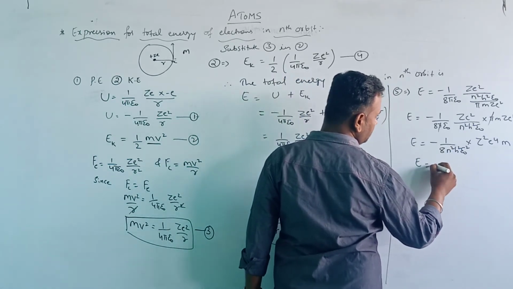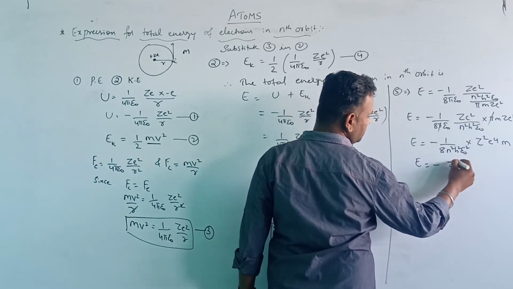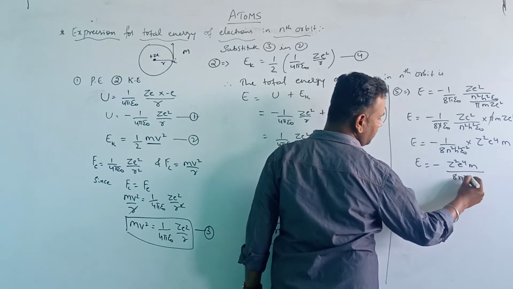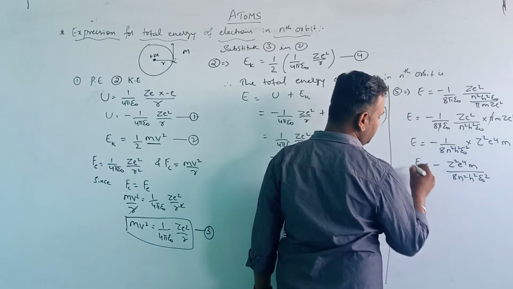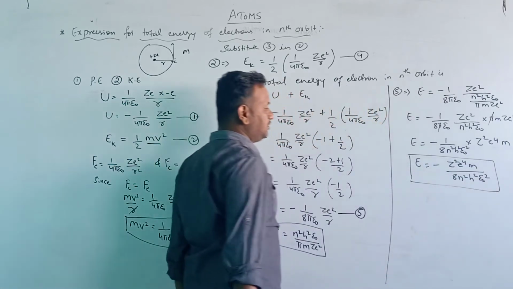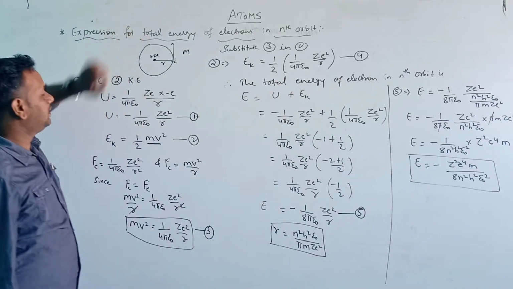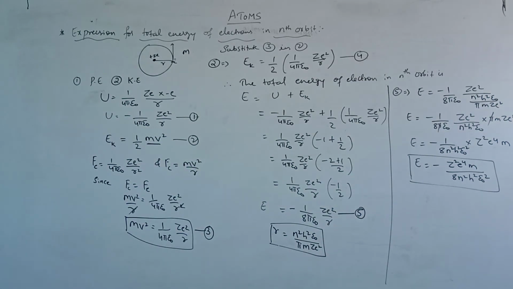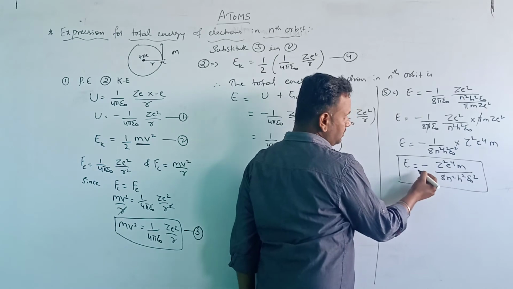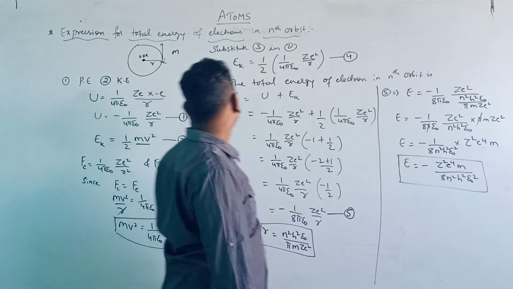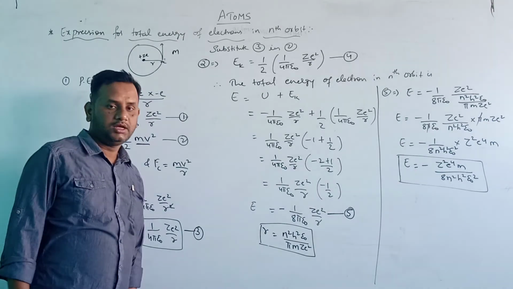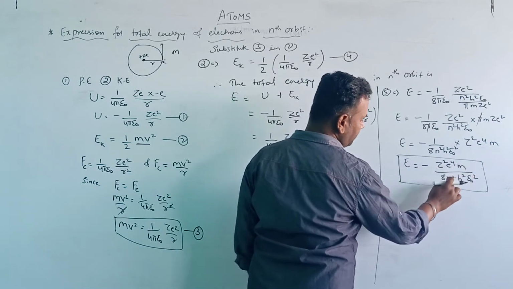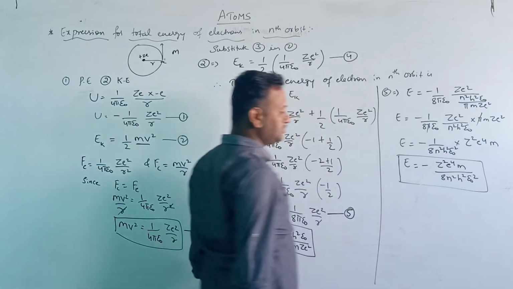E is equal to minus Z square e to the power of 4 m divided by 8 n square h square epsilon naught square, which is the required expression for the total energy of the electrons in the nth orbit.